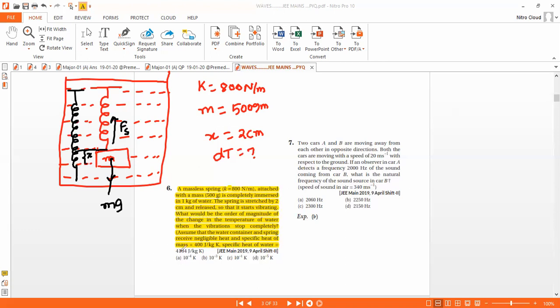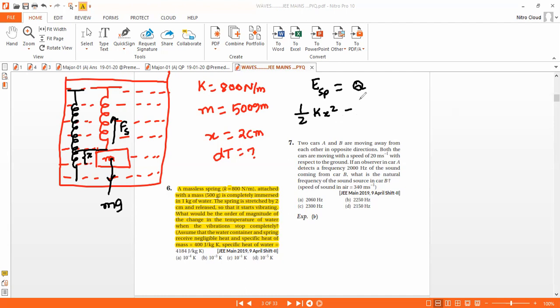Here we'll consider the energy. Energy stored in the spring is equal to the total heat energy, right? Can I write? Energy stored in a spring is half kx square.